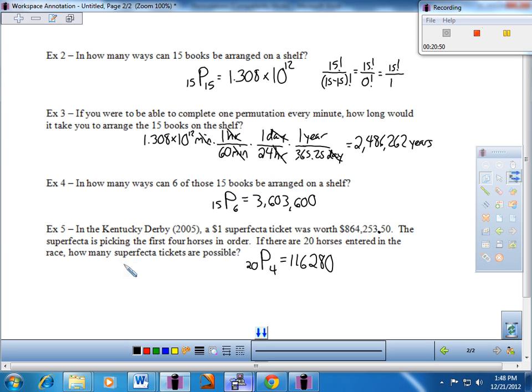And as a matter of fact, I kind of looked this up briefly. The winner, the first place, was a 50-to-1 shot. So a fairly long shot to win the race. And so what that did is it just made that ticket worth more than some of the other ones. And then in conjunction with that, the horse that placed, that was coming in second, was 72-to-1 in terms of being able to place that high.